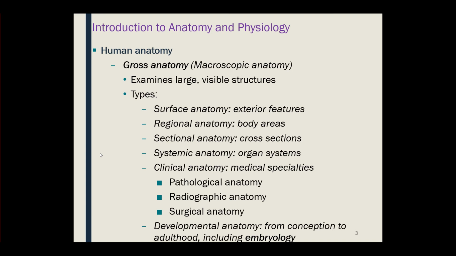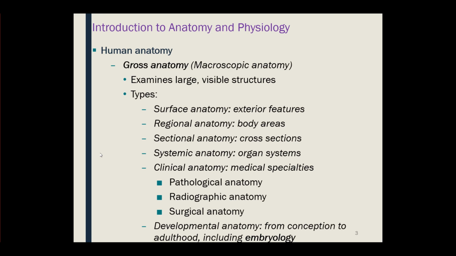This is how we study anatomy in this course. If you go on into more medical specialties, you can study clinical anatomy, such as pathological anatomy. Here you would look at changes that take place in anatomy as a result of disease. So what are the changes to the anatomical structures?